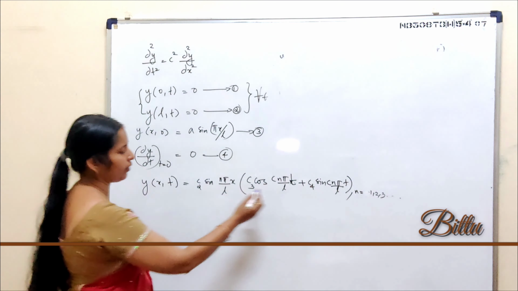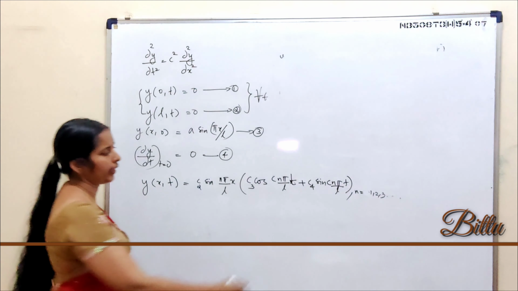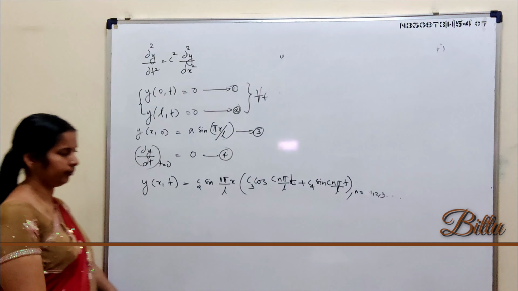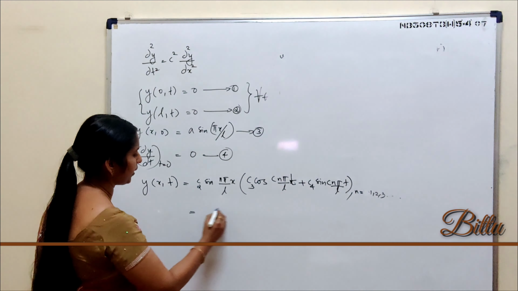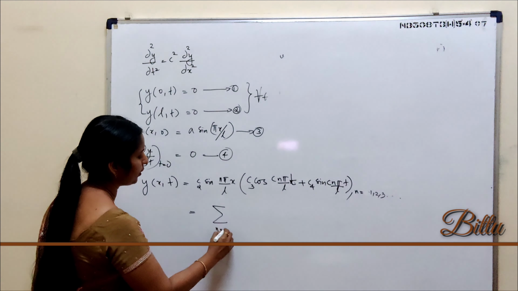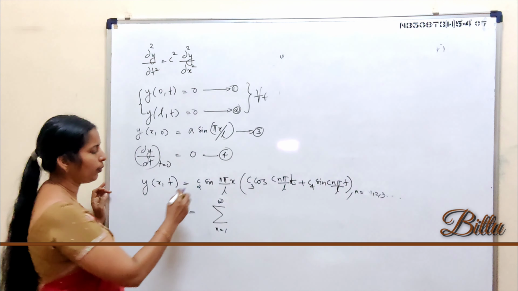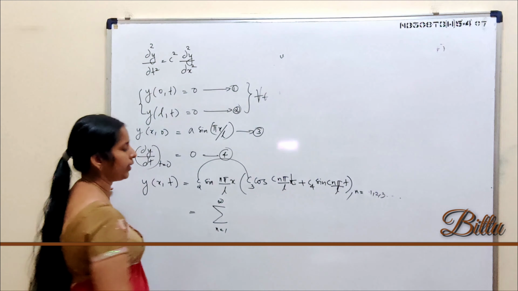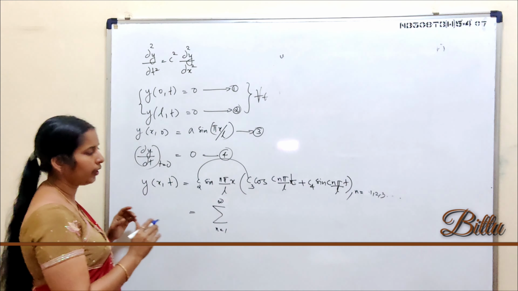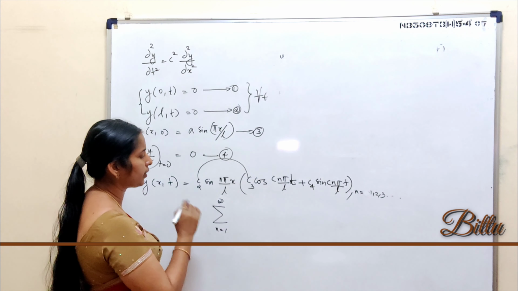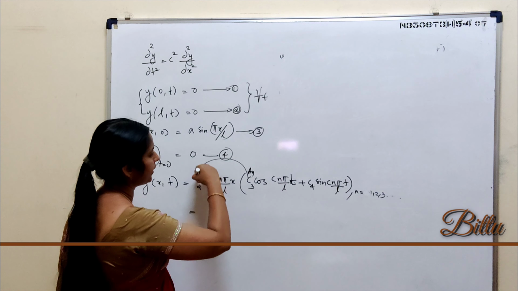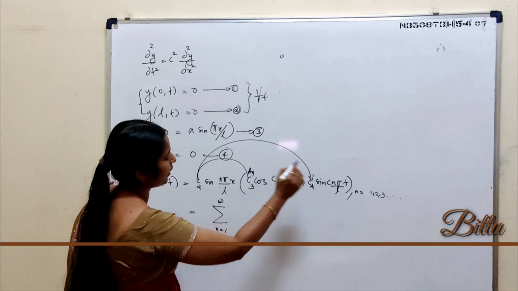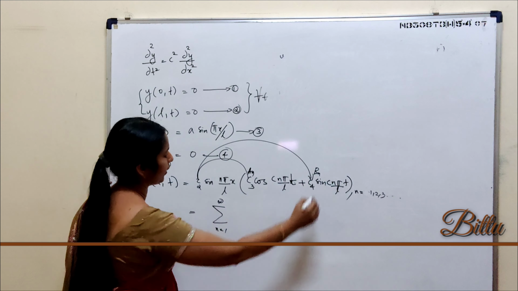Thus y of x,t is given by this for n equal to 1, 2, 3, 4, etc. So for considering n equal to 1, 2, 3, etc., you can take it as summation, n equal to 1 to infinity. You open the bracket, then C2 into C3 is a constant. It depends on n, so you consider the constant as An. And while opening the bracket, C2 into C4 is a constant and depends on n, you take it as Bn.